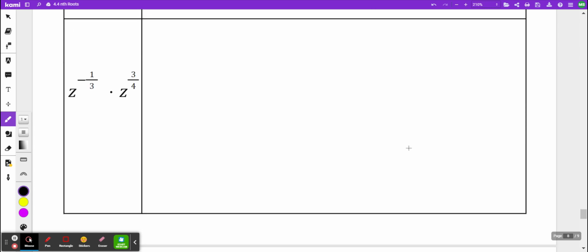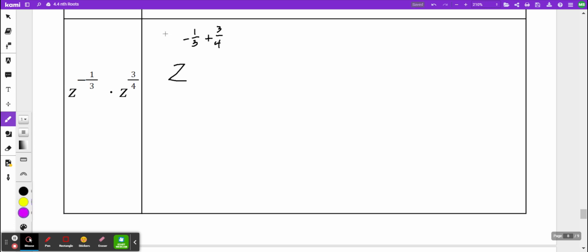So remember, we're adding them. So I'm going to see that this will become z. Before I do anything, I know that I can add these. I don't want to move anyone up or down yet. Negative 1/3 plus 3/4. Well, I know that I can multiply by 4 over 4 and 3 over 3.